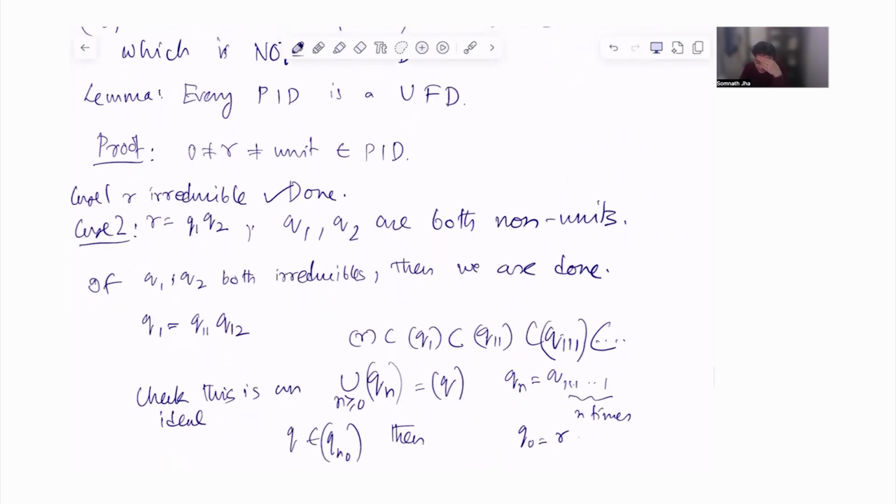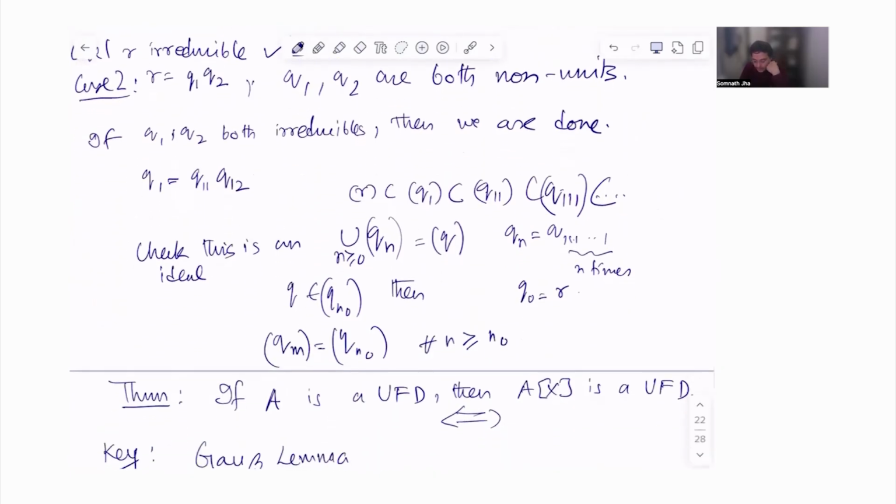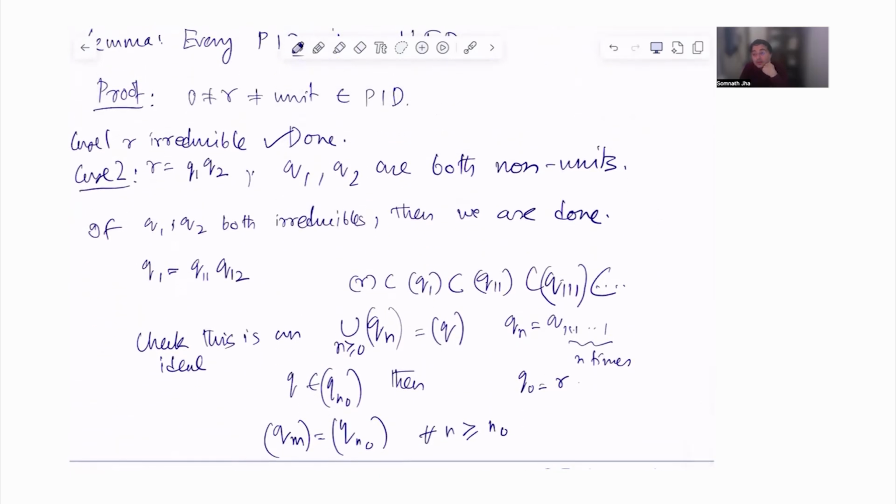So this is an ideal, and since it's a PID, it's generated by a single element. Let's say Q, right? So then Q is an element of this union. If it is an element of the union, then it belongs to one of them, let's say (Qn0). Because this ideal is principal, it is generated by a single element Q, as A is a PID. That's what is used here, right?